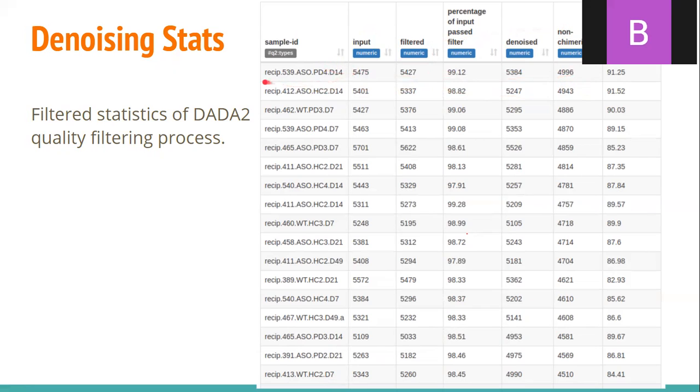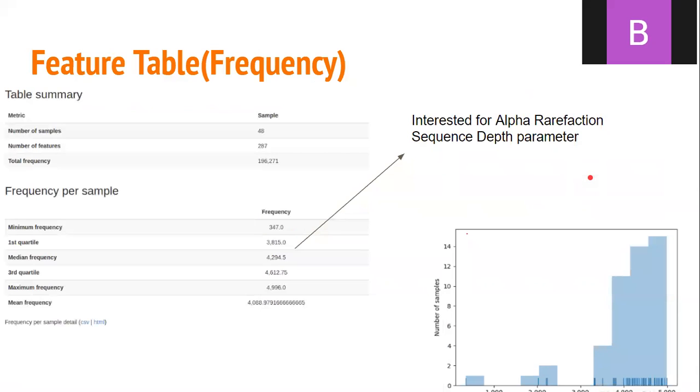Here, day 14, recipient 539, whatsoever. We can eliminate them with filtering. If we find that the quality sequence counts are low, we can eliminate them later because we want high quality.